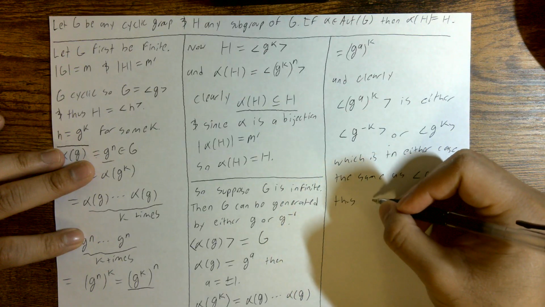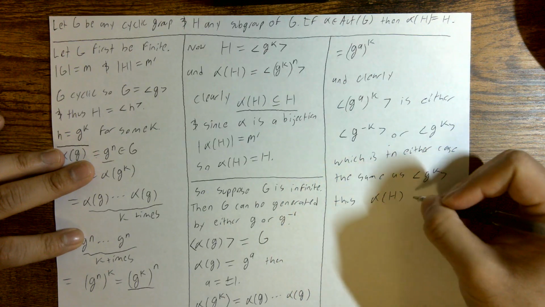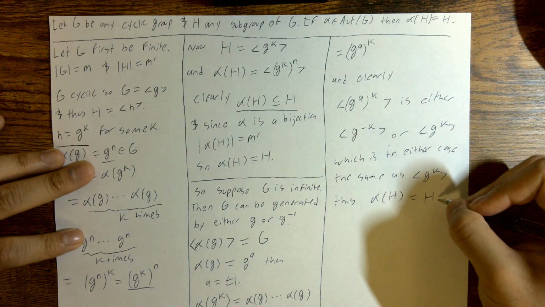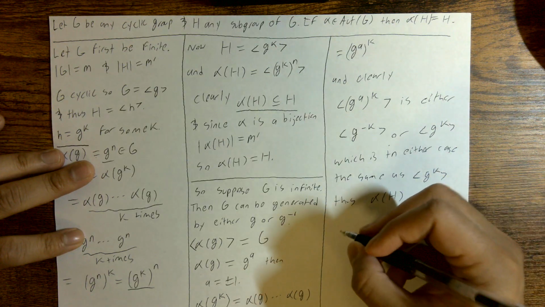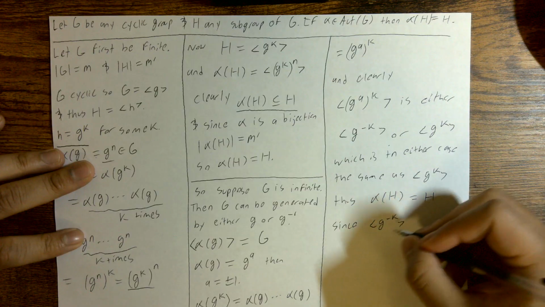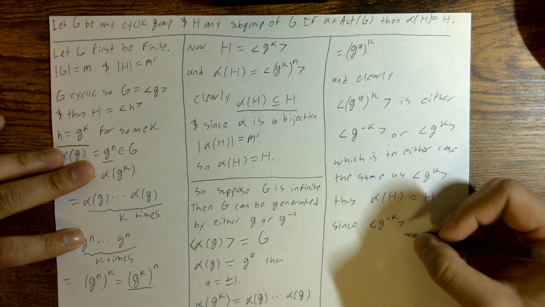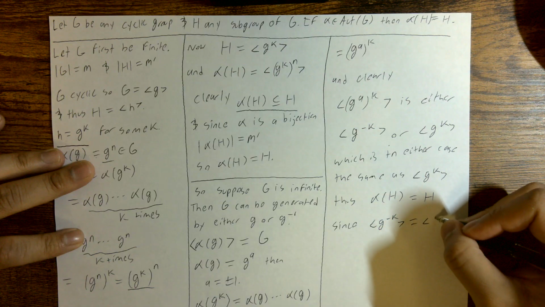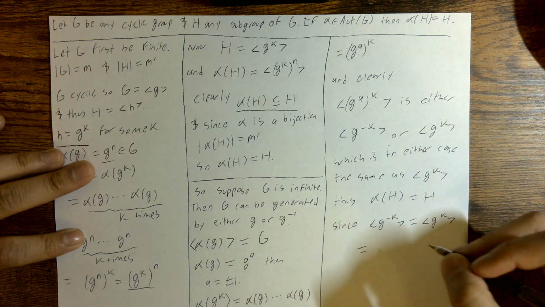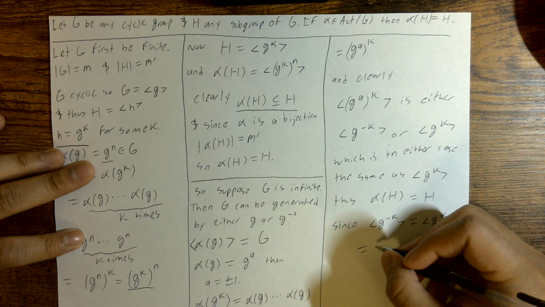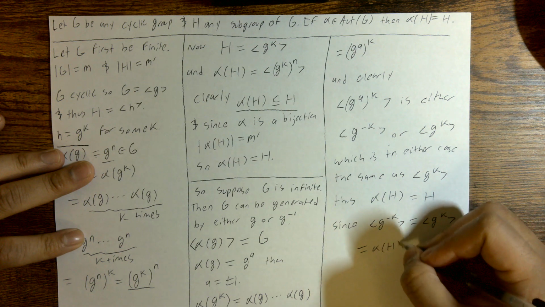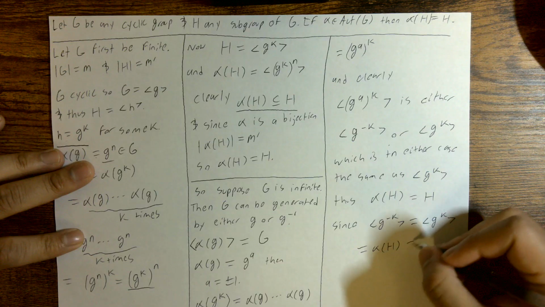Thus, alpha of h is equal to h, since the group generated by g to the negative k is equal to the group generated by g to the k, which is equal to alpha h, which is equal to h.